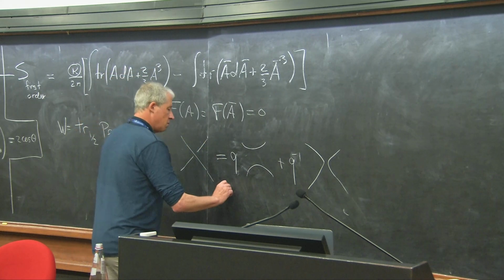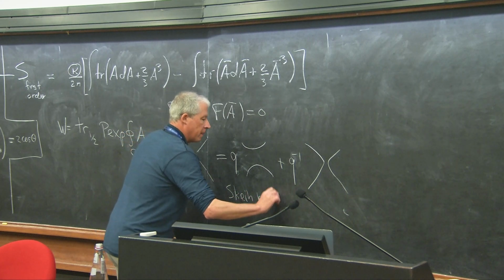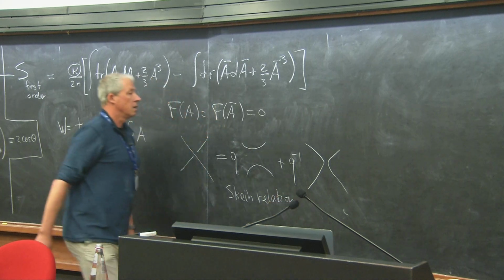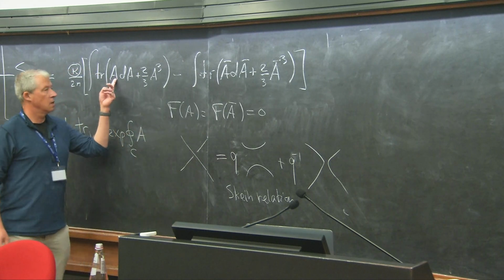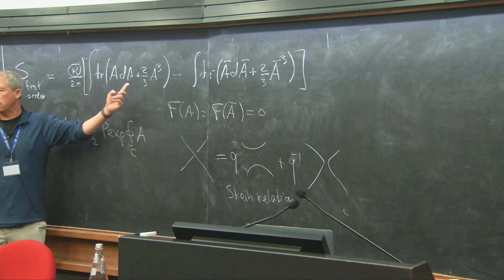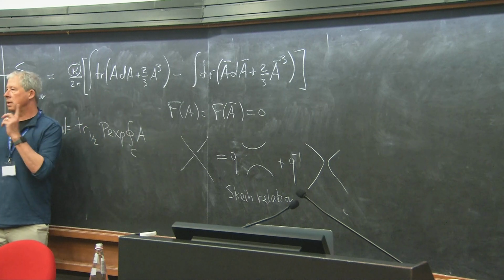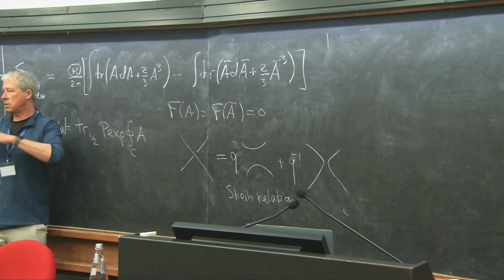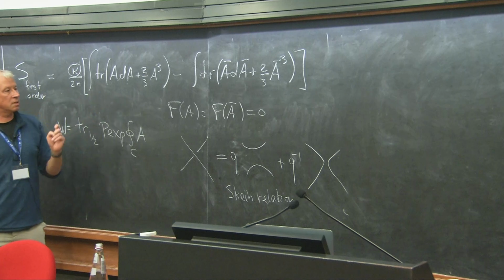This is known as a Skein relation. And the reason for why this Q appears is because the gauge field basically is no longer going to commute with itself. There's going to be some delta function commutator between two gauge fields if I start quantizing this theory, because there's a time derivative here, so A doesn't commute with itself.